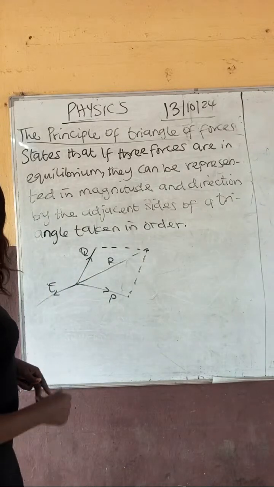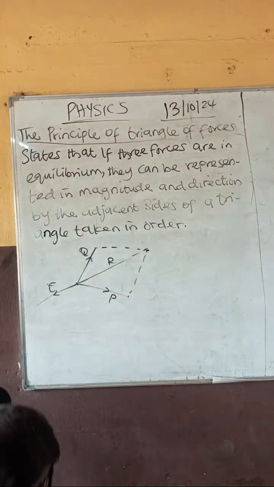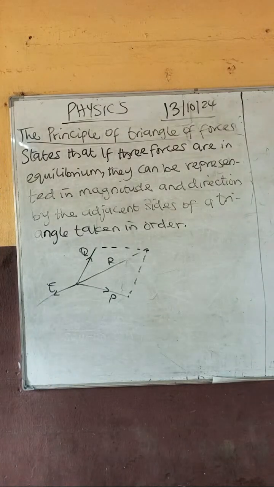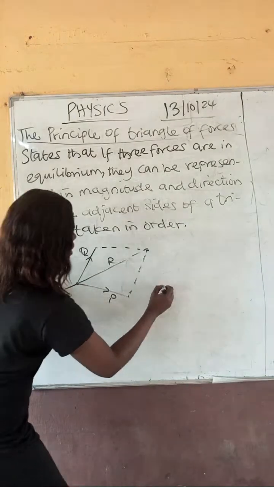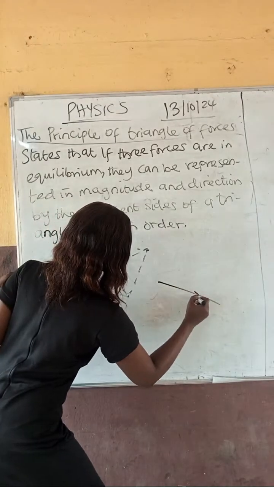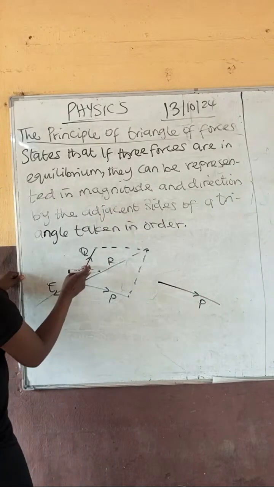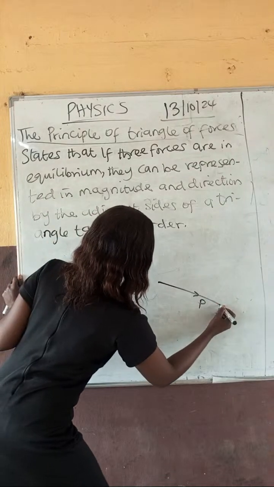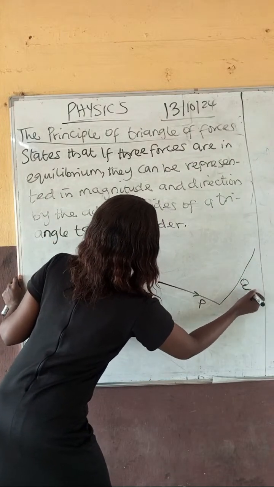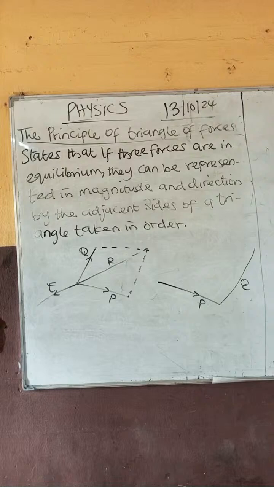Right? So if that is the case, you are going to say that vector P is going this way, then I go this way. I call it what? P, right? Then Q from the same point is going this way. So from here, I go this way, right? I call it vector what? Q. Then what of E?